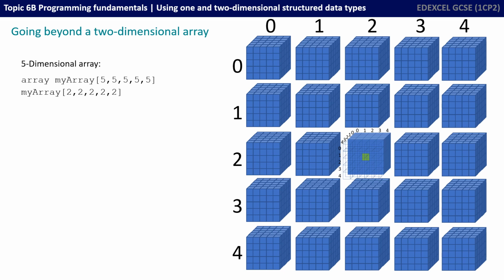The first 2 here could be telling us the row and the column of the cube to access, and the final 3 the row, column and depth of that cube. Now, it's unlikely you're ever going to be dealing with 5-dimensional arrays even at A level, but it just shows how computers are not really limited, and we can often take concepts to the next level quite easily once we understand some of the basics.